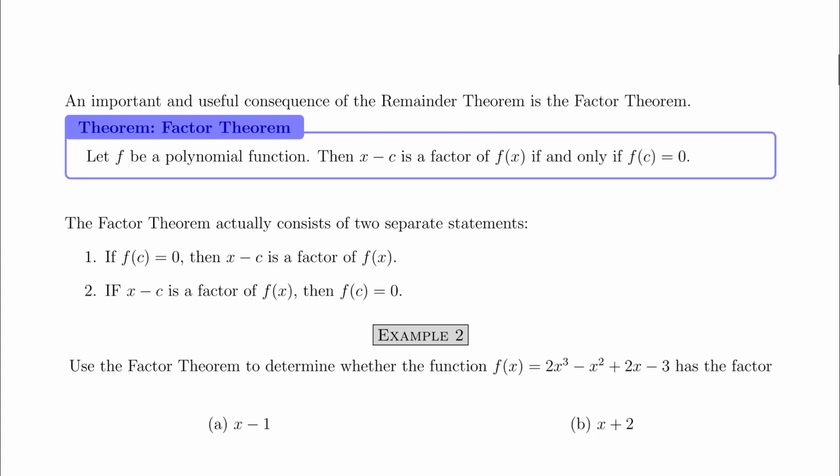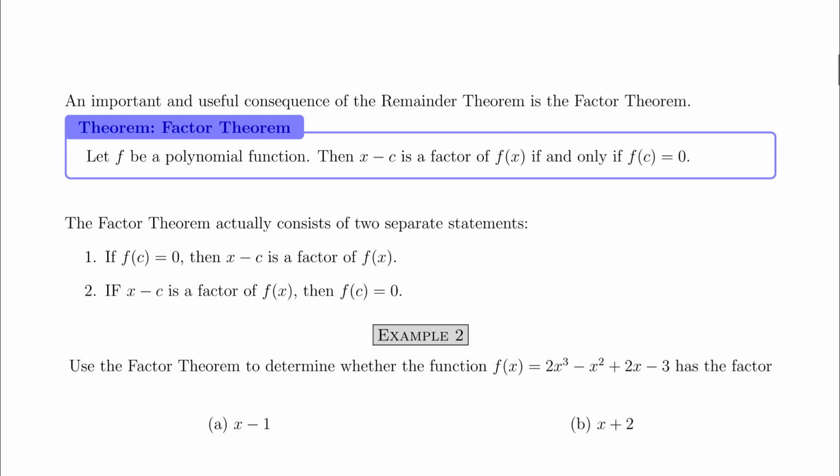So if we take the remainder theorem and apply it to this next example, what we're looking for now is the value of the evaluation. If the value is 0, then what we are implying by that is that the factor we started with is a factor of the polynomial.